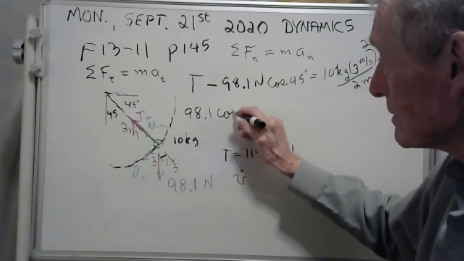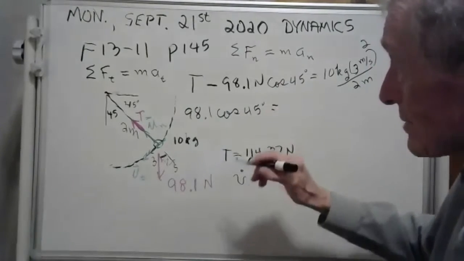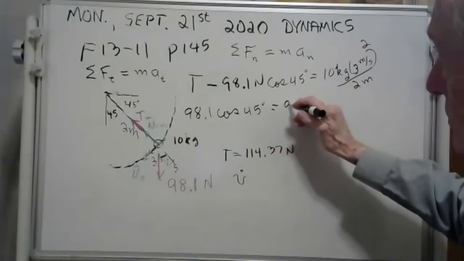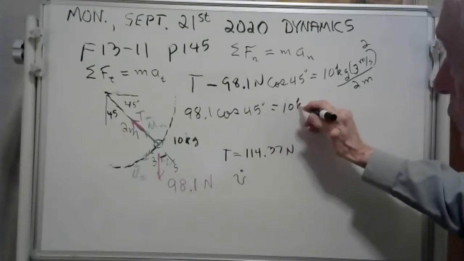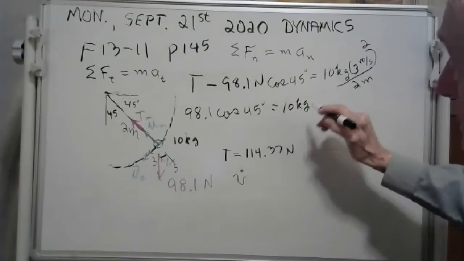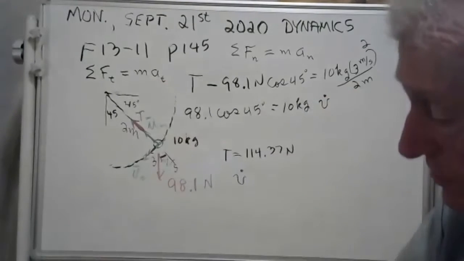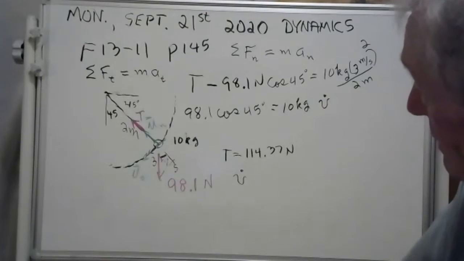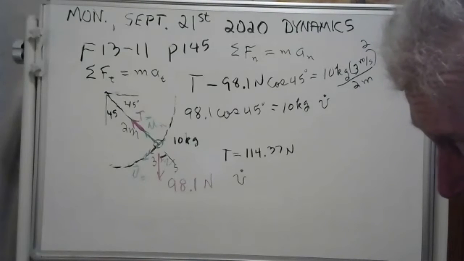Cosine 45 degrees. And that's it. Equals the mass, which is 10 kilograms, times v dot. That's what the tangential acceleration is. It's v dot. Okay, let me do that.